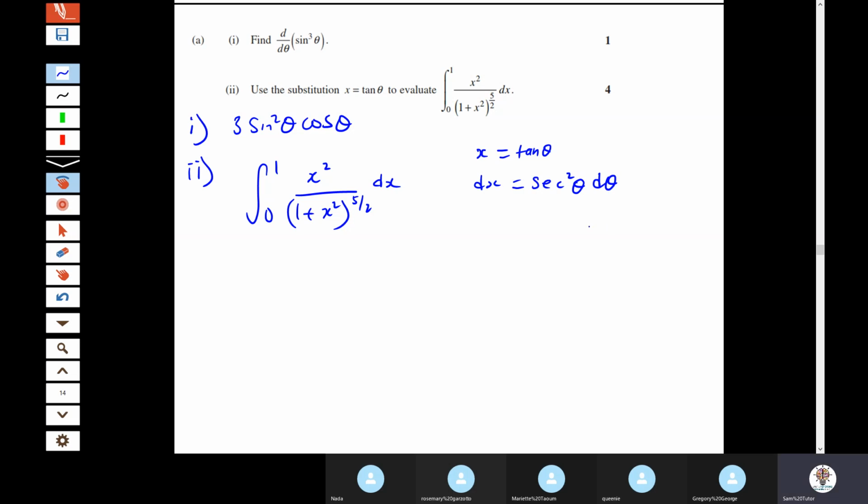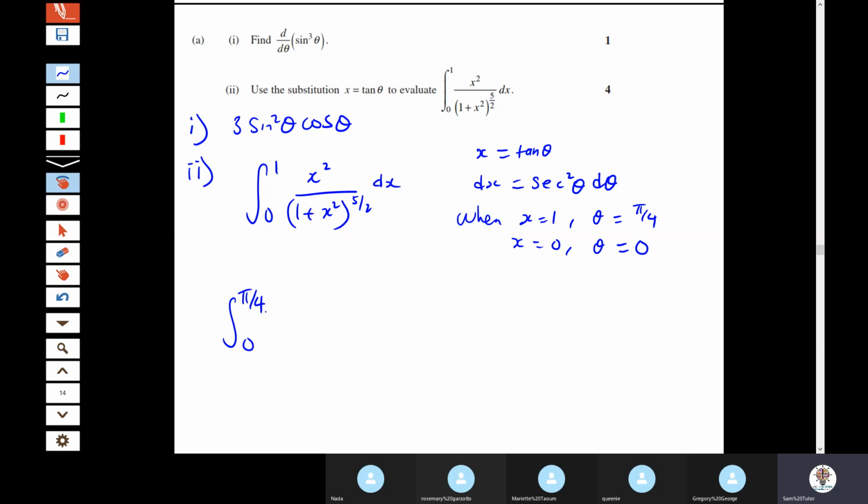What's the next step? Changing limits. When x is 1, theta equals inverse tan of 1, which is 45 degrees, pi on 4. When x is 0, inverse tan of 0 is 0 degrees.